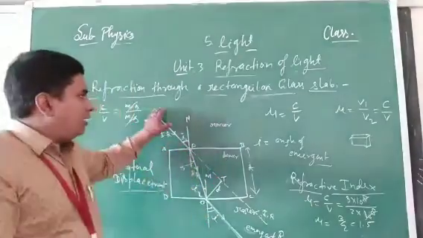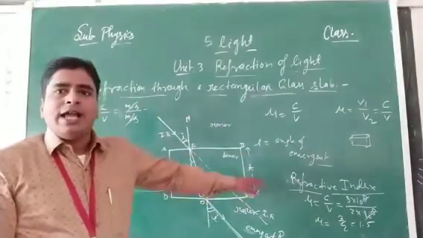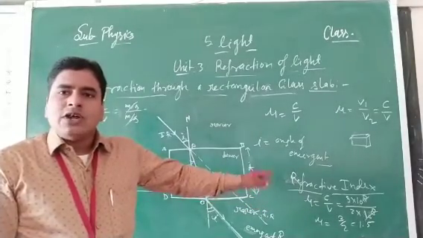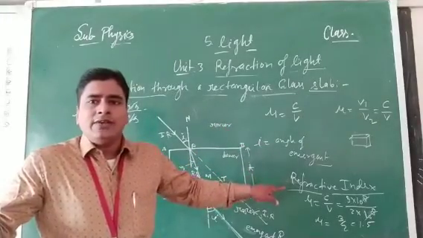Clear? So this is the overall idea about refraction through a rectangular glass slab and how we can use this formula of refractive index, the ratio of the speed of light in vacuum to the speed of light in the given medium.